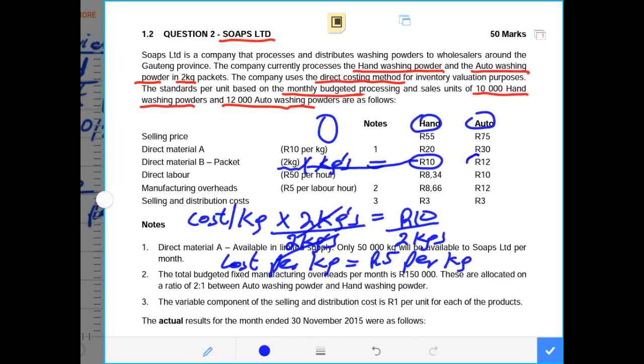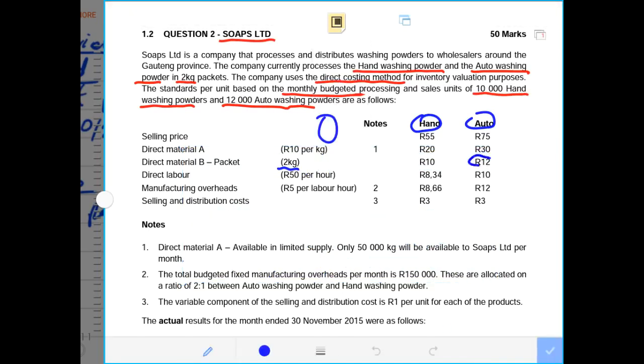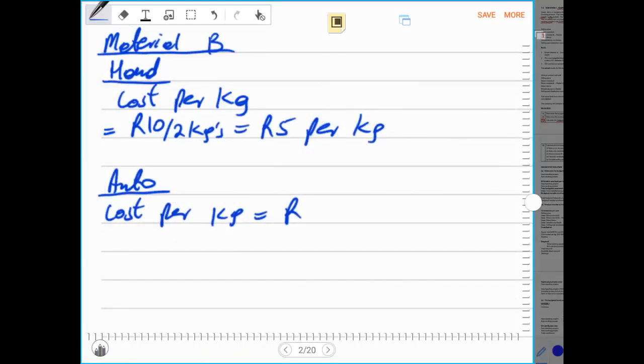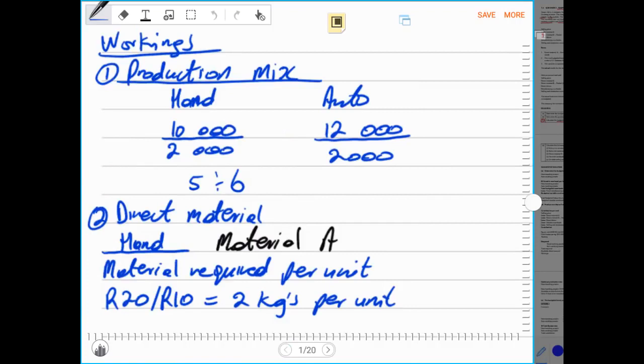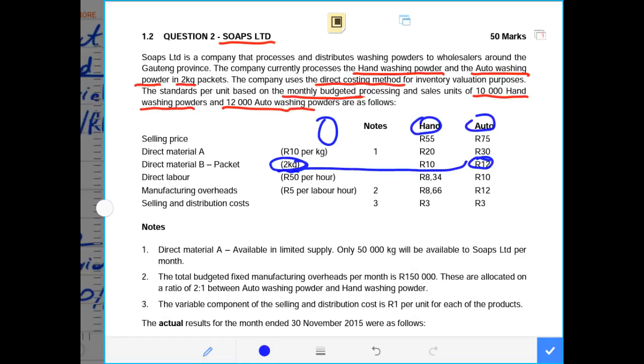We have the price being 12 rand, meaning 12 rand divided by 2 kgs, it will give us 6 rand as the cost per kg of material B. So now these are the calculations for both material A and material B. So now we are done with material A and material B, and we go to the next stage.